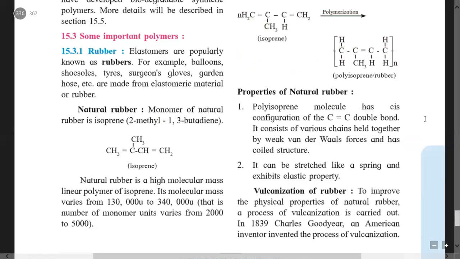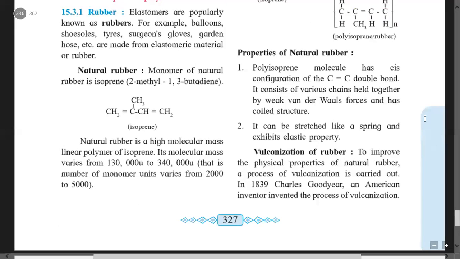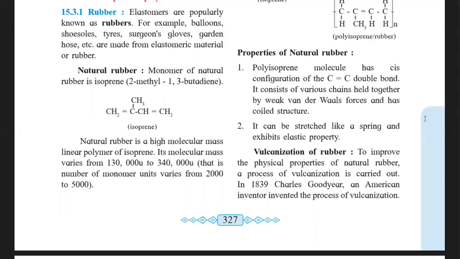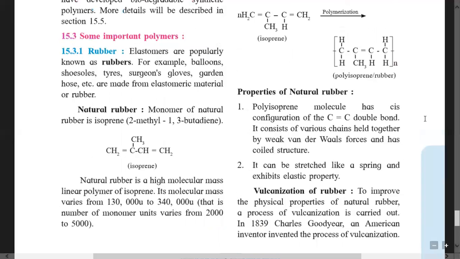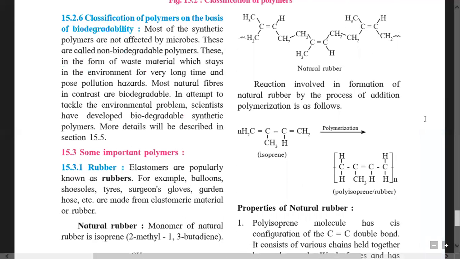Then the properties of natural rubber. The first property is that the polyisoprene molecule has cis configuration. So the carbon-carbon double bond has cis configuration. See this. The small groups are at one side and the large groups at the other side of the double bond, meaning similar groups are present on the same side.